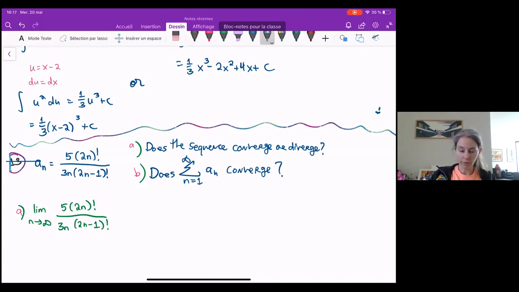So how do I deal with a ratio of factorials? I take the bigger factorial, in this case 2n factorial, and I expand it until I get to the smaller factorial.